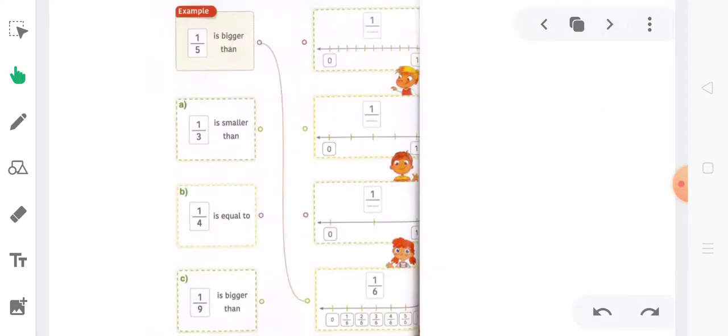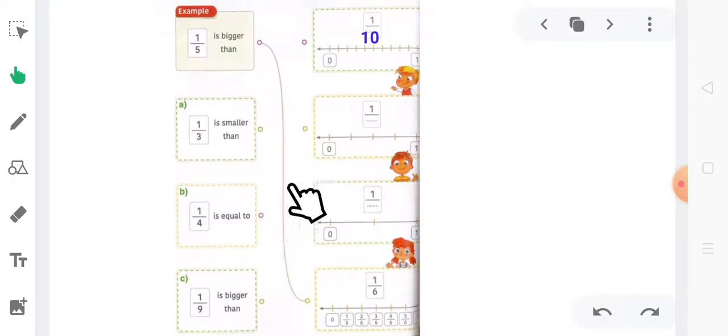I must match or prepare these missing number lines. Okay, we need to count how many jumps we have here. If we count them, 1, 2, 3, 4, 5, 6, 7, 8, 9, 10. So this is 10th.